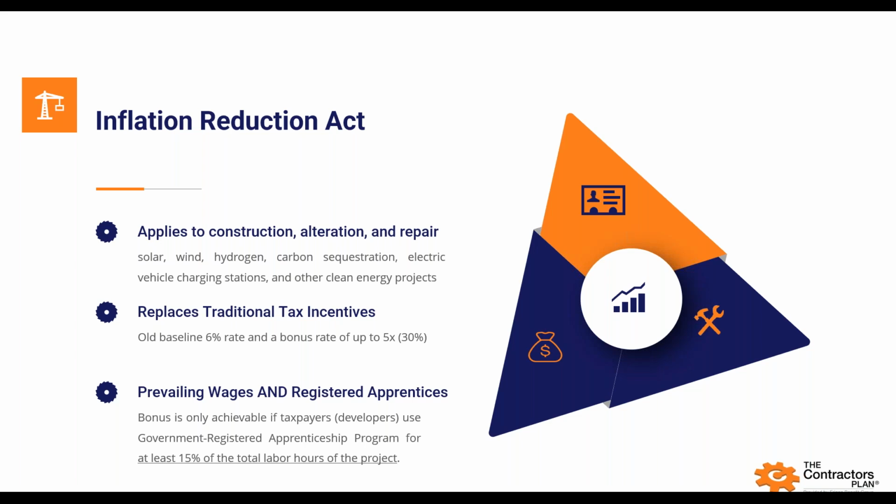So even if you have a great training program internal to your company, if that training program is not a government registered apprenticeship program, then that would not qualify. You're starting to see, because of these projects, the need for prevailing wage understanding and certified payroll apply to private projects for the first time in the nation's history.